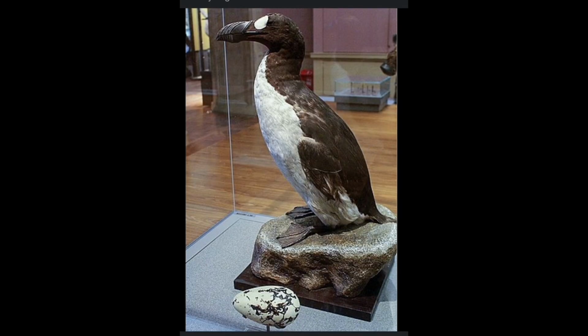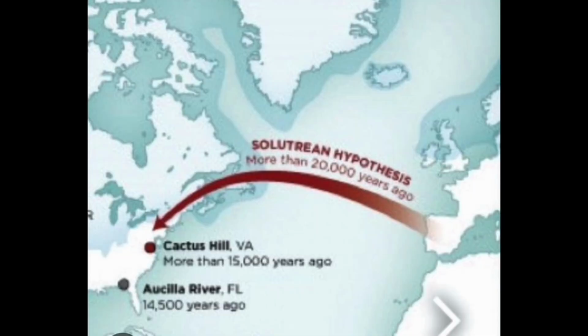They'd migrate and they'd do different things. But this great auk was the size of an emperor penguin or bigger, so good meat and things on that, and these Solutreans lived off of that.